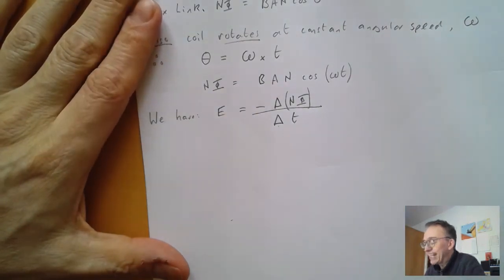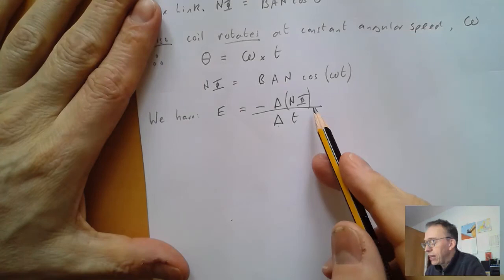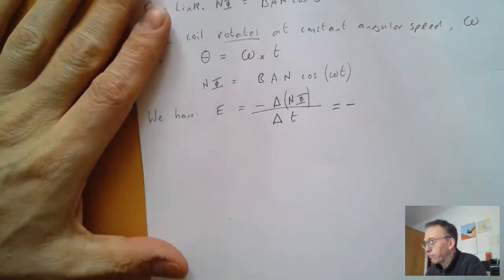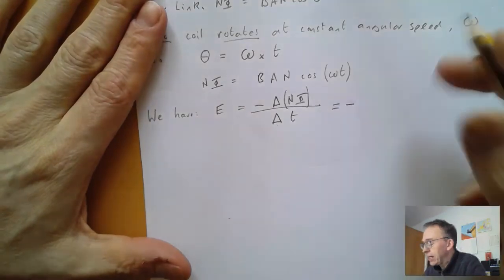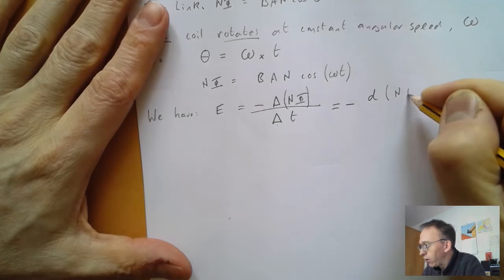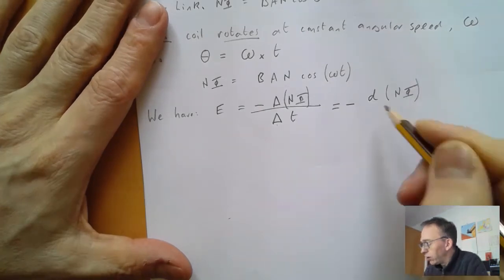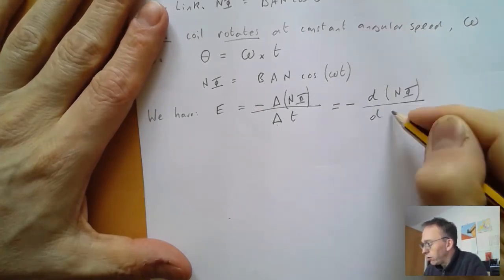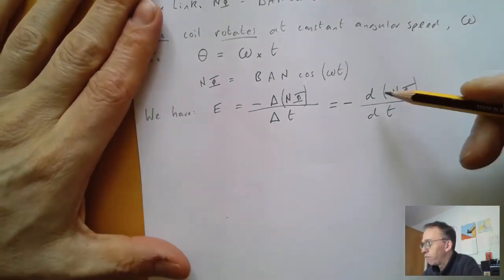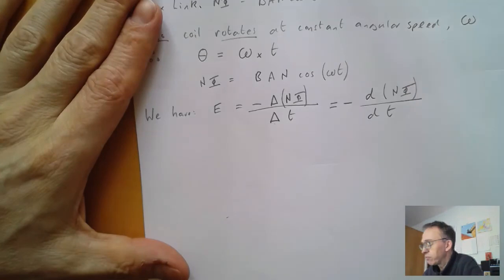If we want the instantaneous EMF, then we need to resort to calculus and say that E is equal to minus d N phi by dt. In other words, we want to find the negative of the differential of N phi with respect to t.